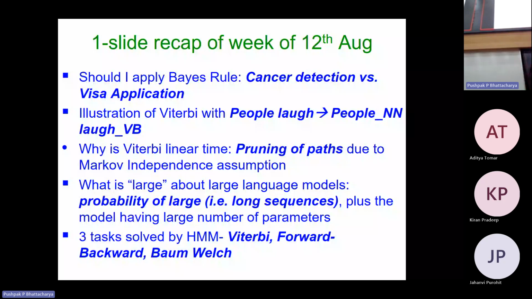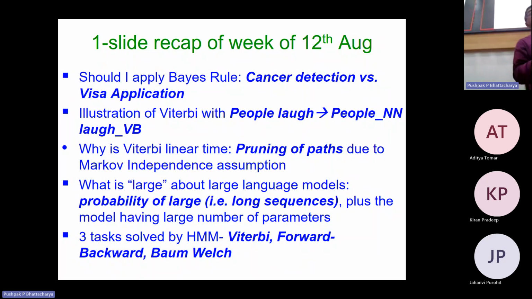The next point was that we illustrated the application of the Viterbi algorithm for doing inferencing with respect to part-of-speech tagging. When we do part-of-speech tagging, we have to produce labels on the sequence of words. There, we had this very simple sentence of only two words, people laugh. Both people and laugh can be noun and verb.